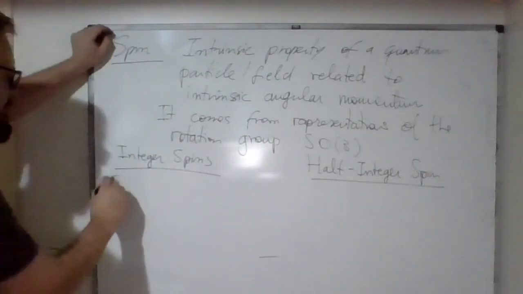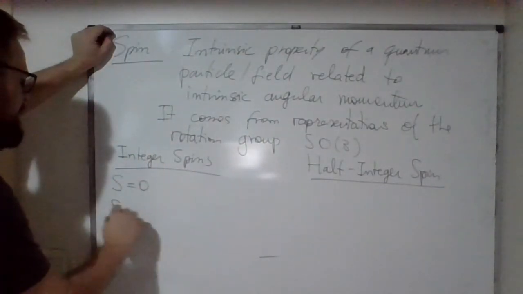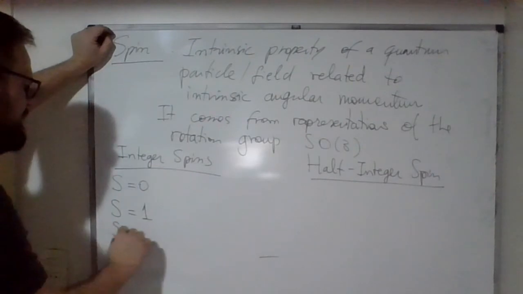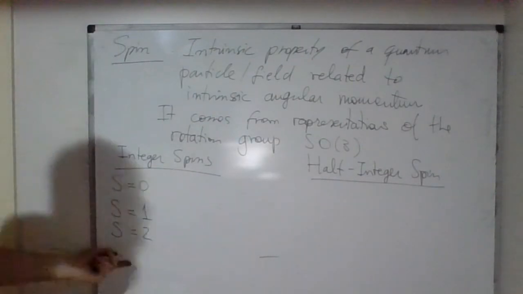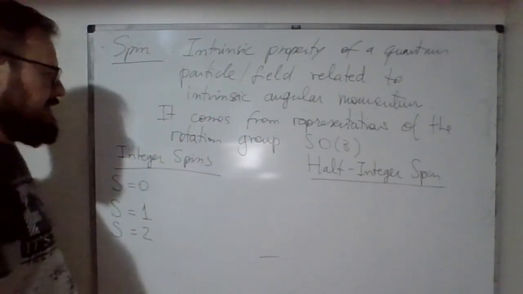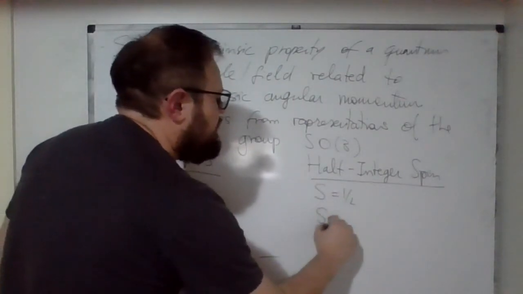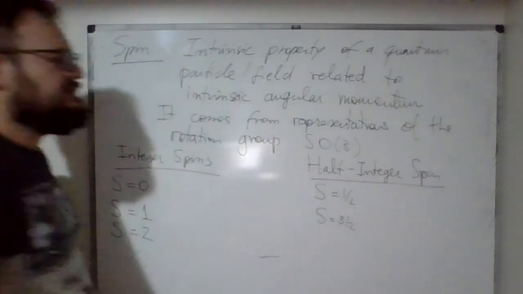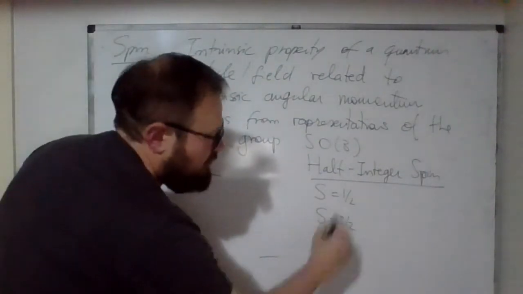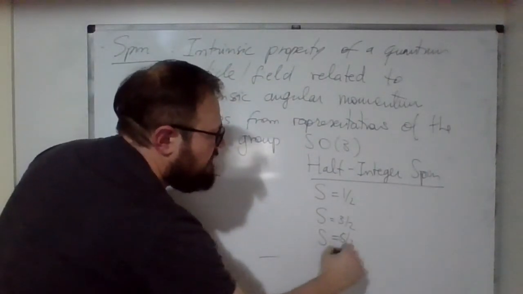There are scalars, vector fields, tensor fields of rank 2. Here you have a spin 1/2 field, a 3/2 field, and you can go on forever, 5/2.